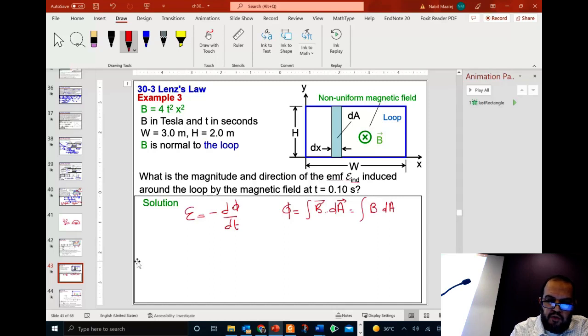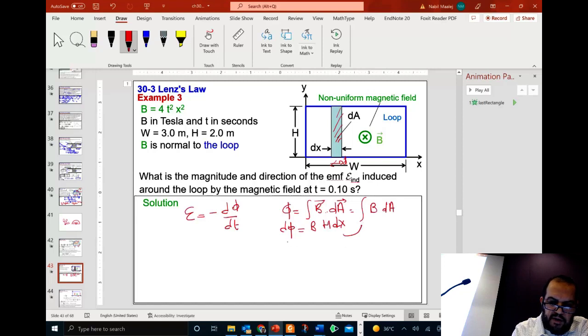So what I'm going to do is write a small element. If I take this small element, the flux is going to be B times this area element, which is going to be the height times this dx. So this is dx here. Then I will replace it here.